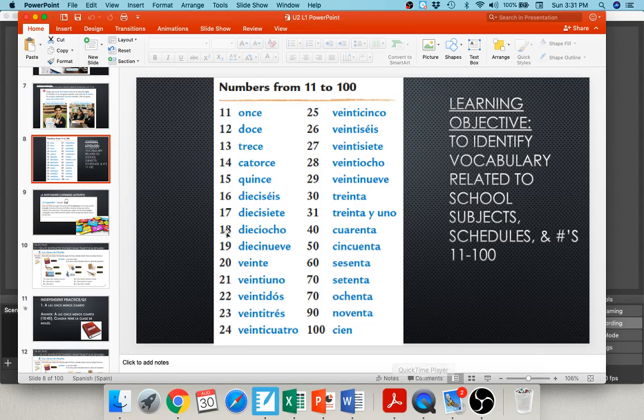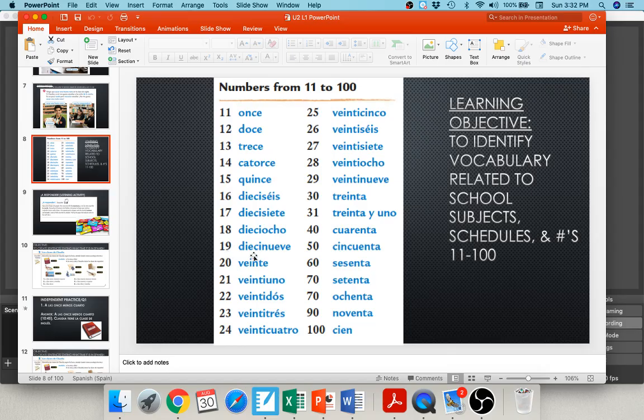Notice that 16 is literally a math problem. It's 16, which is 10, y, and 6. But we've changed the spelling a little bit here. In 10, the z changed to a c. Instead of a y, we have an i. And then 6 is still the same. So 16. 17 is the same. 17. 18, 19.